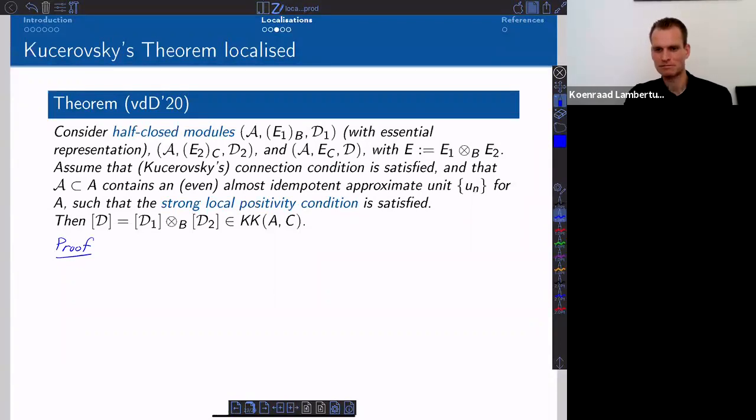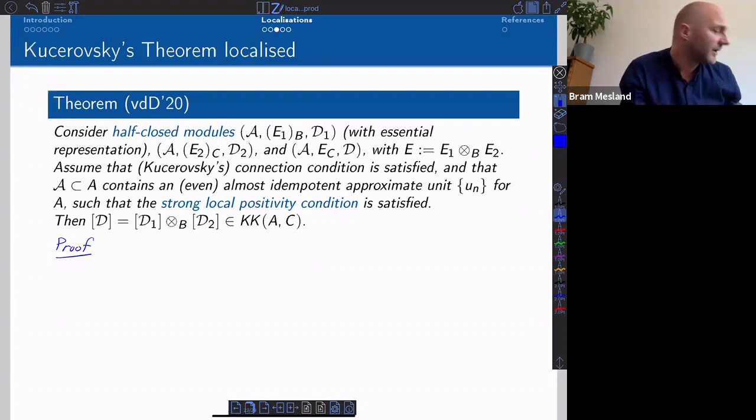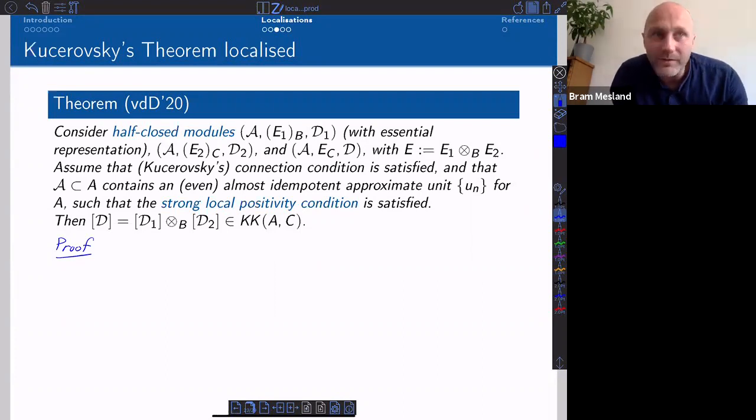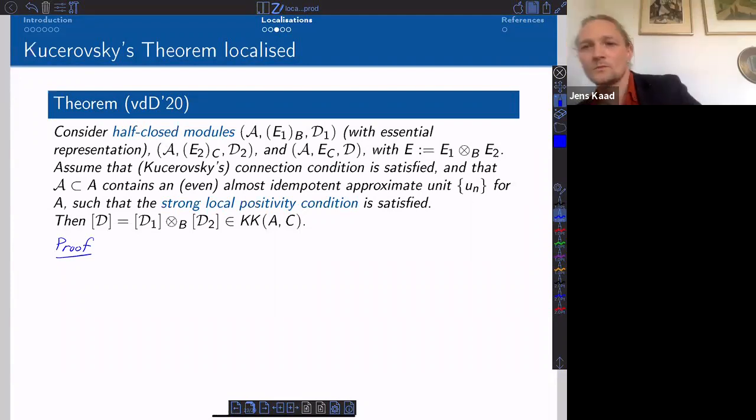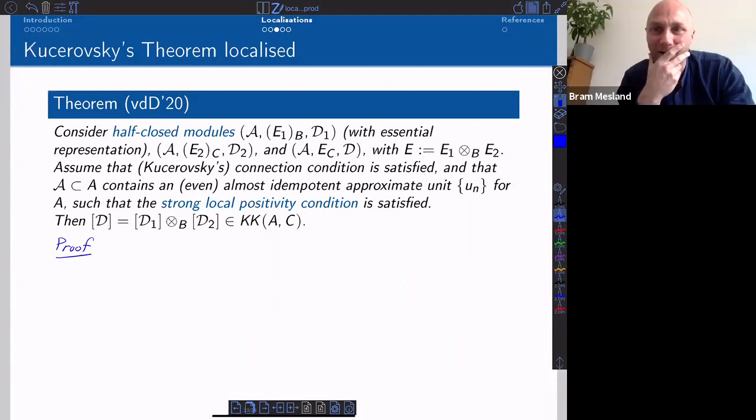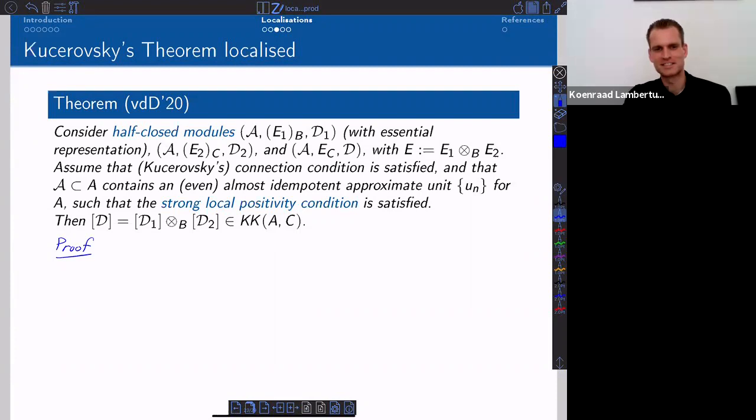Is that really the case? Because if I remember well, the localizing subset of Walter and Jens was supposed to commute with one of the unbounded operators, whereas your almost idempotent approximate unit does not, I think. Yeah, that's true, you're right.